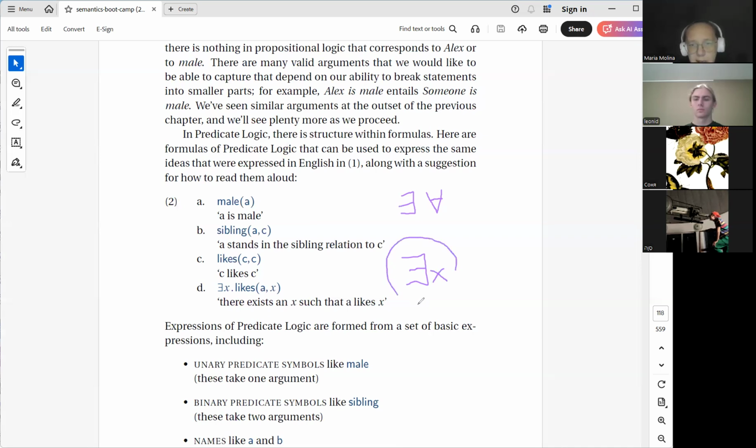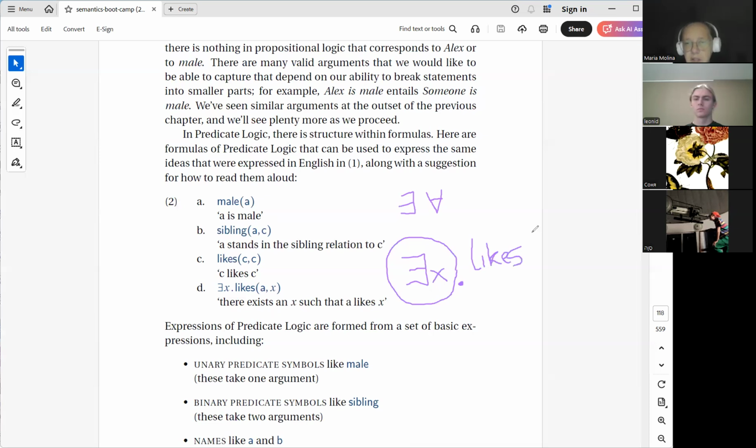This is how we write there exists some X. Then we put this dot to apply it to the likes function.